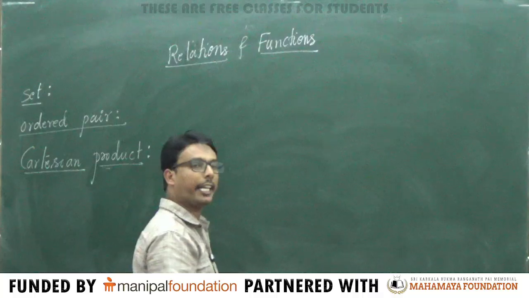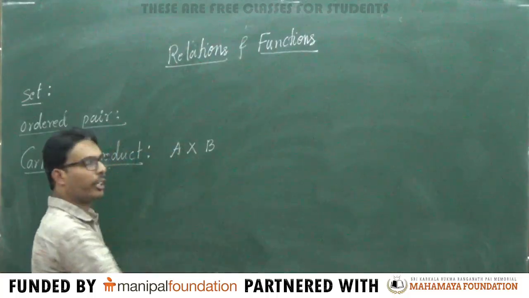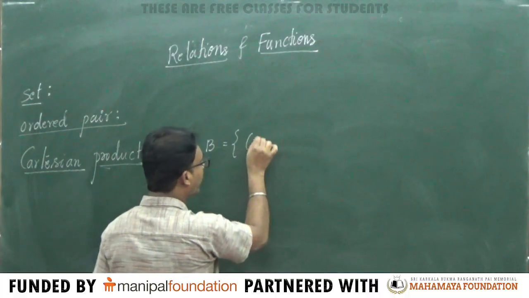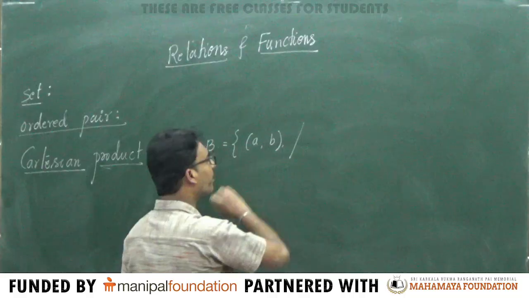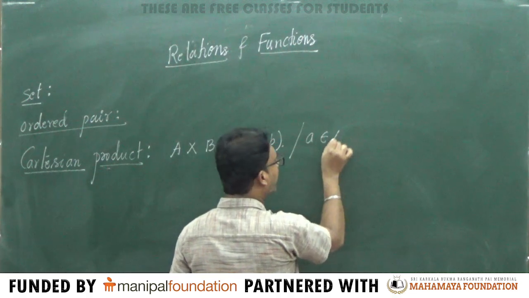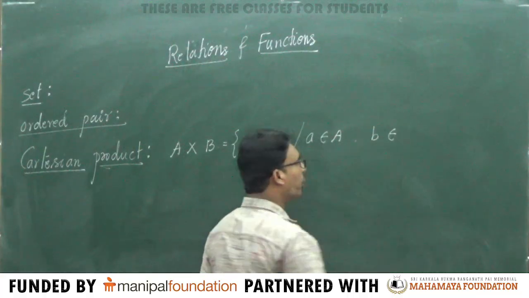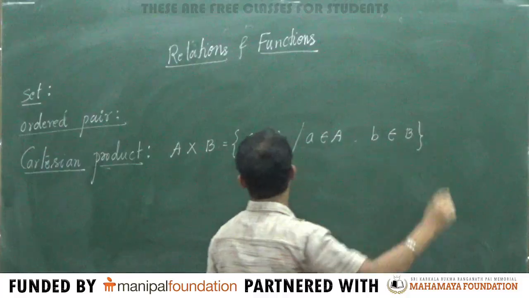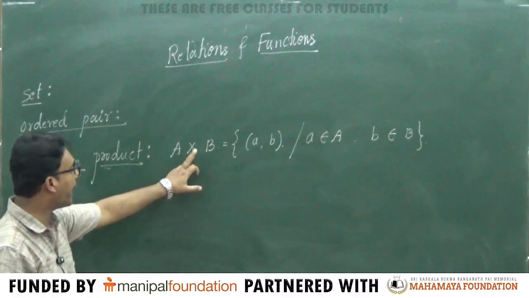Then the Cartesian product of the sets A and B is defined as the set containing all possible ordered pairs a comma b, such that the first element of the ordered pair belongs to the first set, A, and the second element belongs to the second set, B. Then A cross B stands for the Cartesian product from the set A to B.